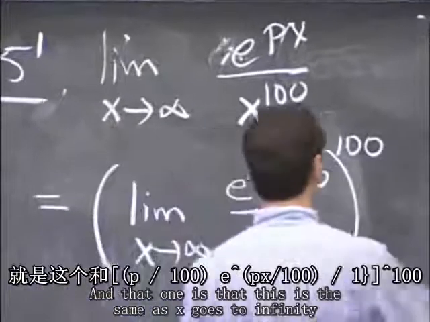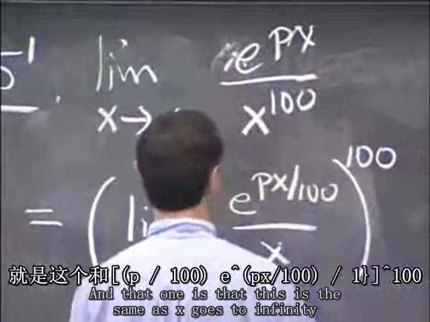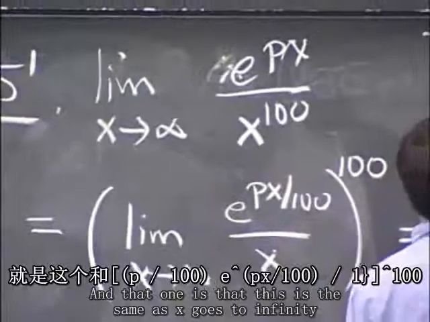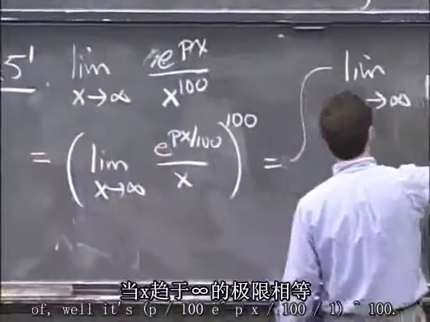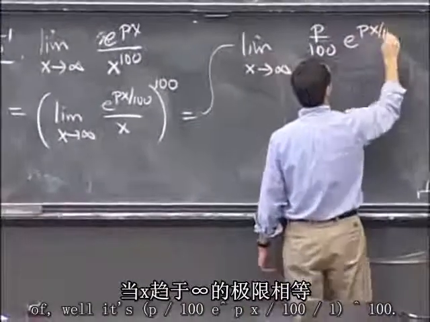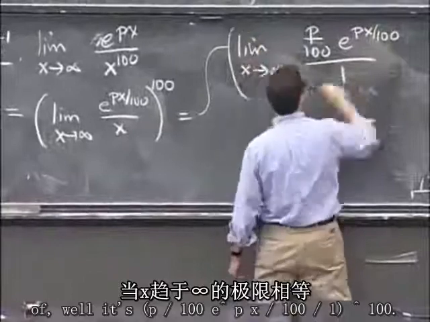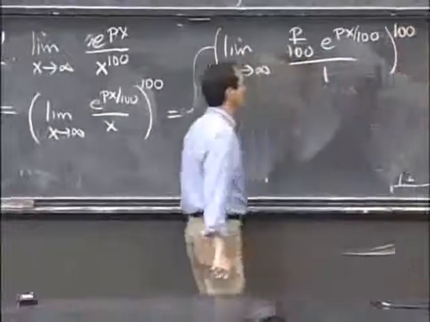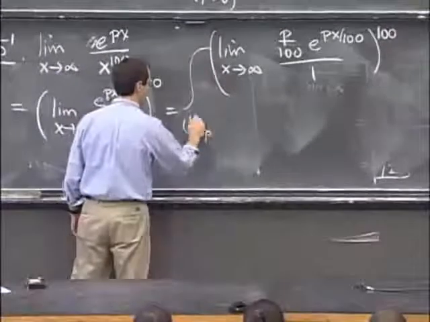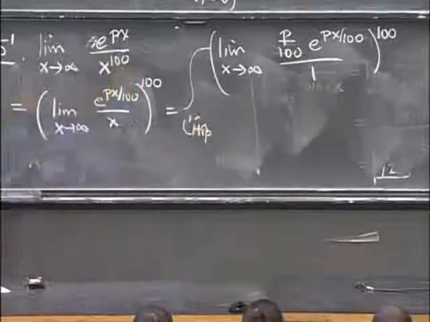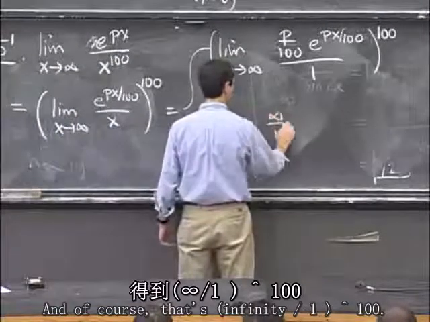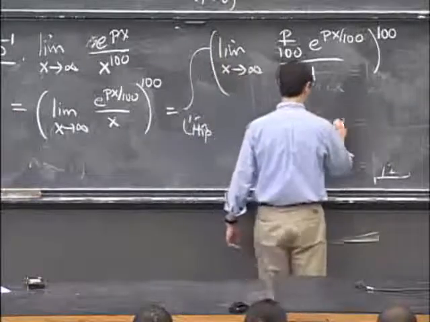And that one is that this is the same as the limit as x goes to infinity of, well, it's p over 100 e to the px over 100 divided by 1, all to the 100th power. All right, that's our L'Hopital step. And of course, that's infinity over 1, right, to the 100th power, which is infinity.